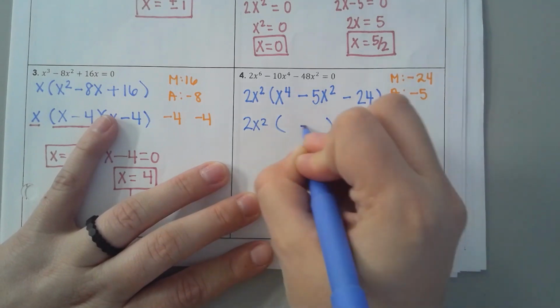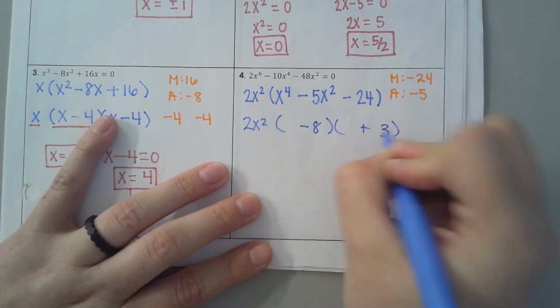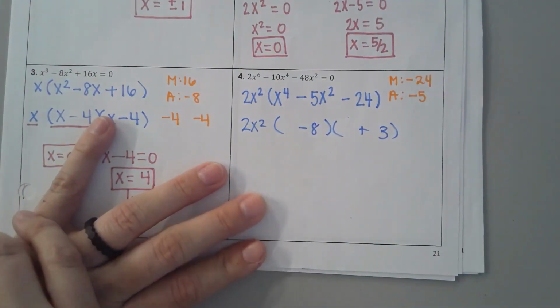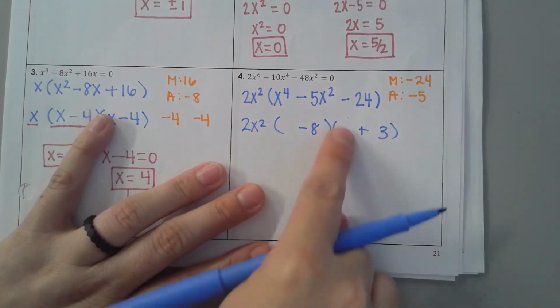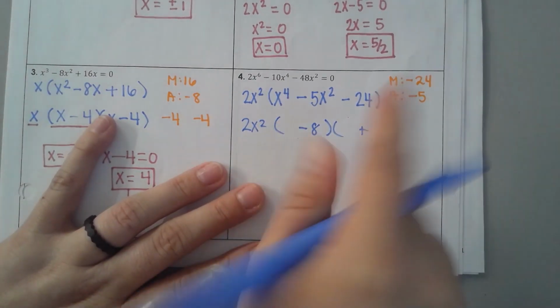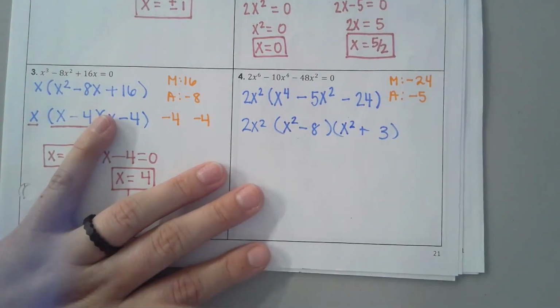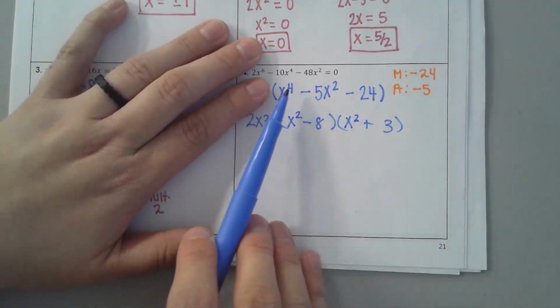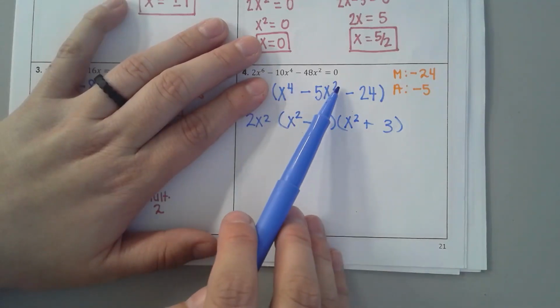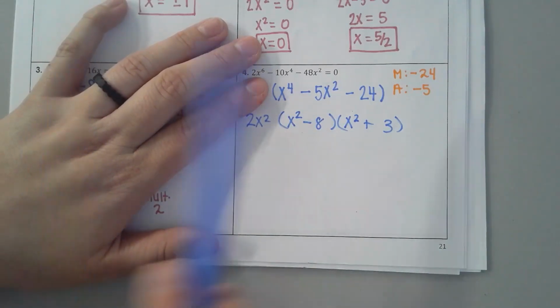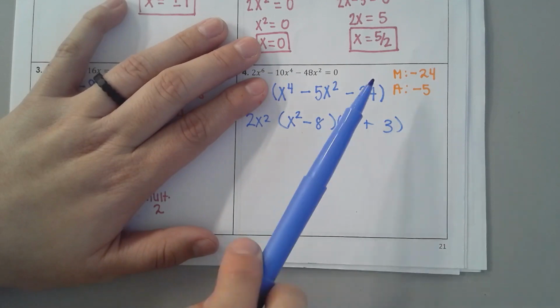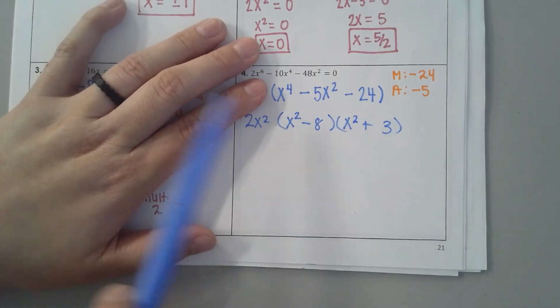We have a negative 8 and a positive 3. Am I going to put an x or x squareds in these? X squareds. Do you know that if it's like in the middle? Yeah. If you have x to the 4th and x squared, you're going to have x squareds. If you have x to the 6th and x cubed, you would have x cubes, which we didn't do any of those.